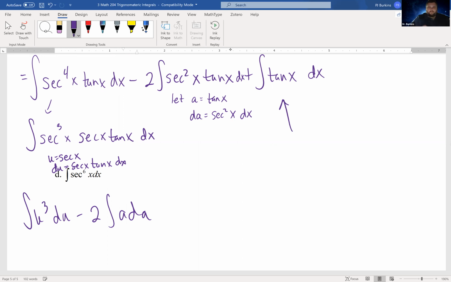This one, not so fun. So I'm going to tell you that this is equal to, let's see, I think it's natural log secant x. So let's check that really quick. So a quick way you can do this one is rewrite it as sine over cosine and do another substitution. So let's let b equal cosine.